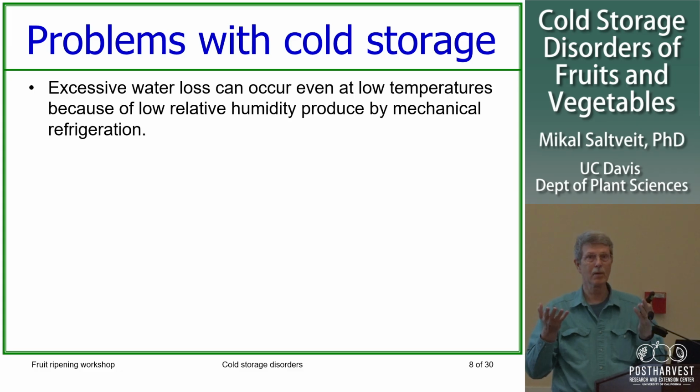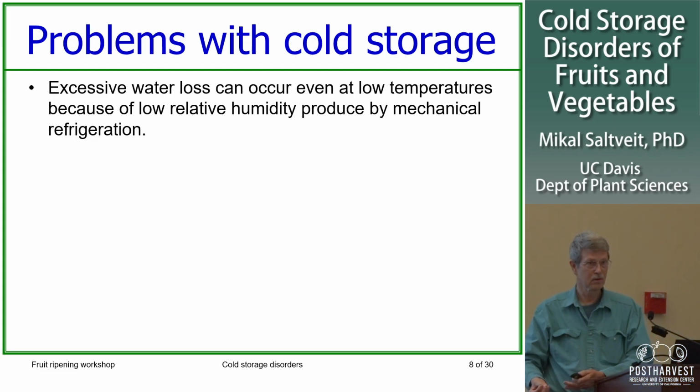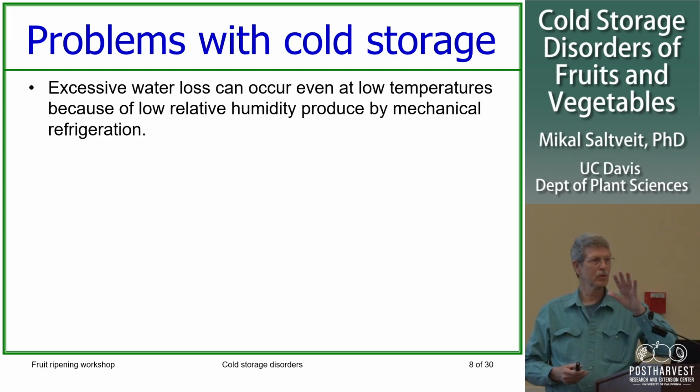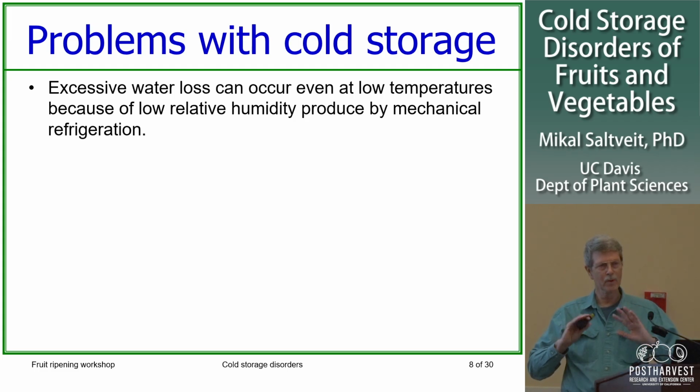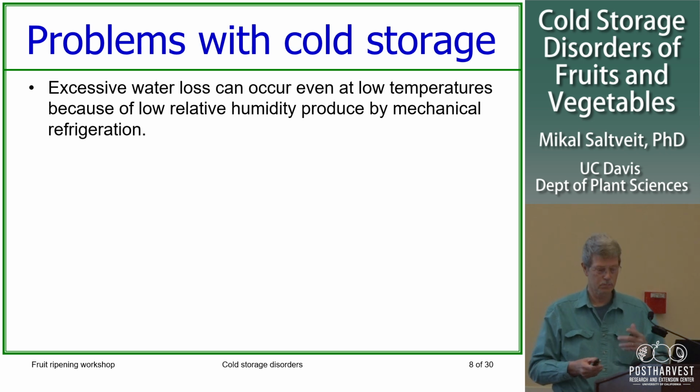As it warms up, the water holding capacity of the air increases, so the relative humidity does what? It decreases, right? So even though you're holding that room at 0 degrees Celsius, the air coming out of the evaporator is 100% relative humidity, but some of those commodities are experiencing 70% relative humidity. So they're being dried out by that air, even though it's really cold.